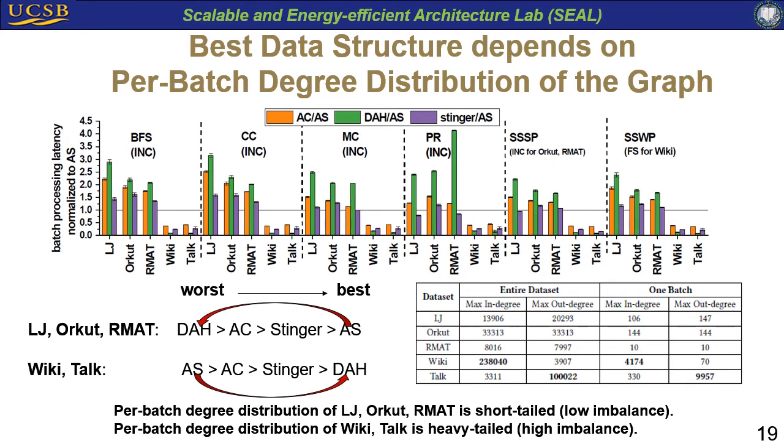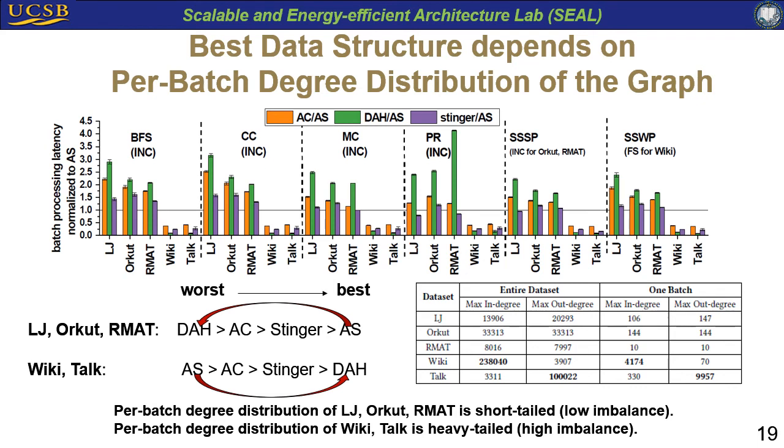More specifically, we observed that for LJ, ORCUT, and RMAT, the degree-aware hashing is the worst data structure in terms of batch processing latency, whereas the AS adjacency list is the best one.